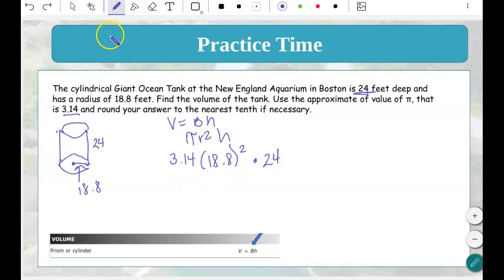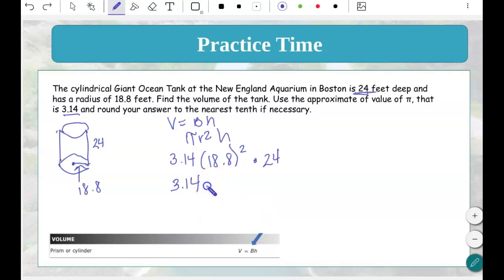I recommend trying this first on your calculator, to make sure it calculates the right answer. So just do 18.8 squared, and we get 353.44.